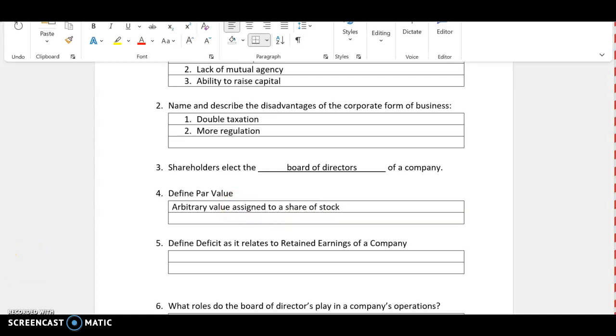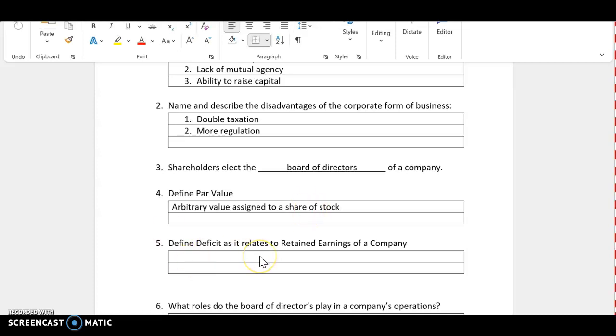We use it in accounting when we credit common stock or preferred stock, because we do the number of shares times the par value. We also use par value when we want to calculate our preferred dividends. Remember, we say percent times par times number of shares. So those are the times we use it in this chapter.